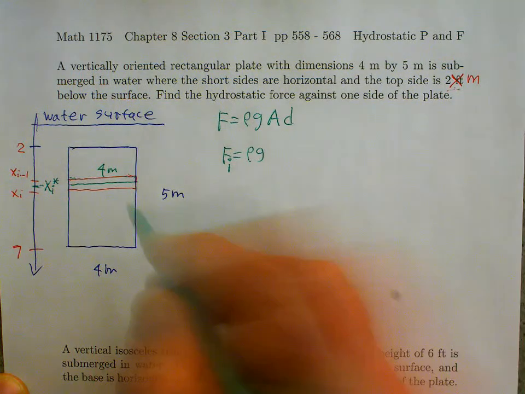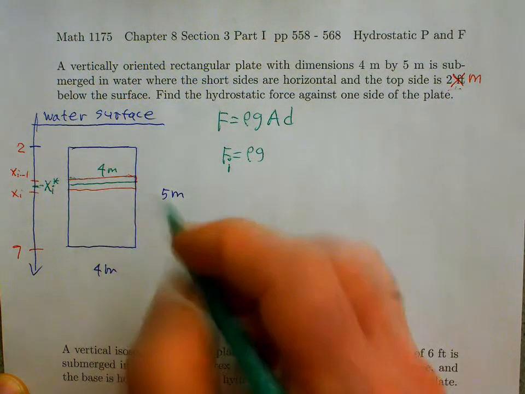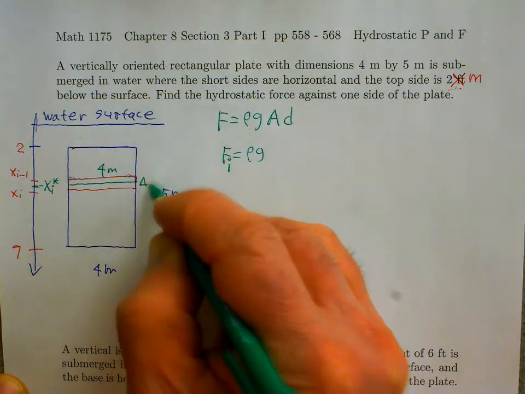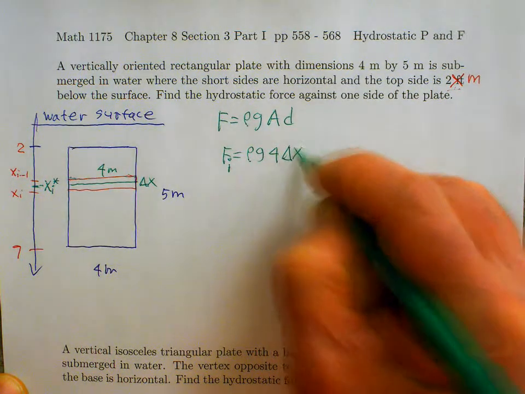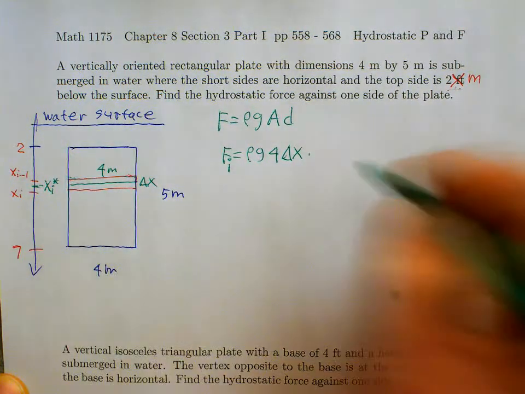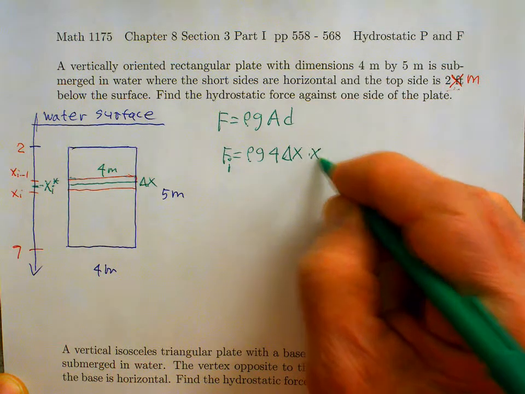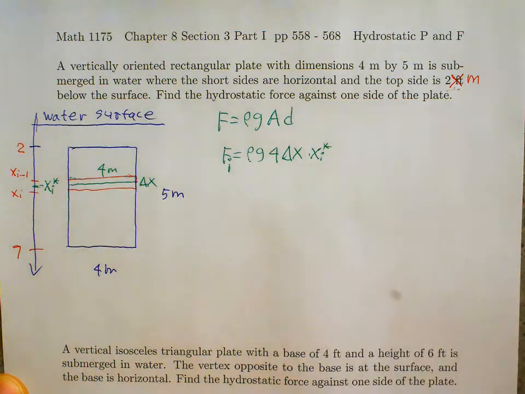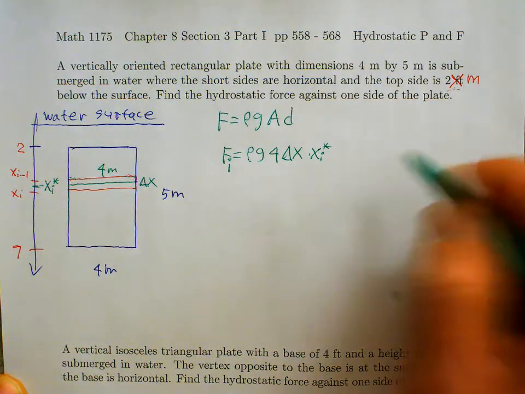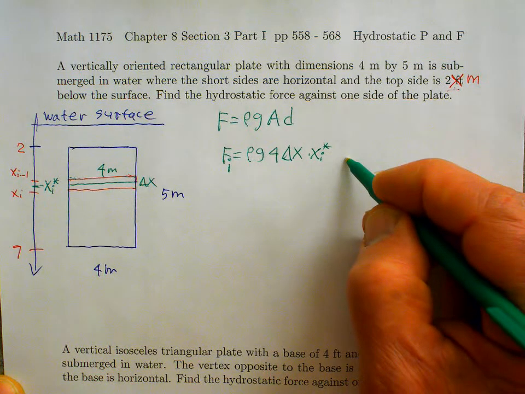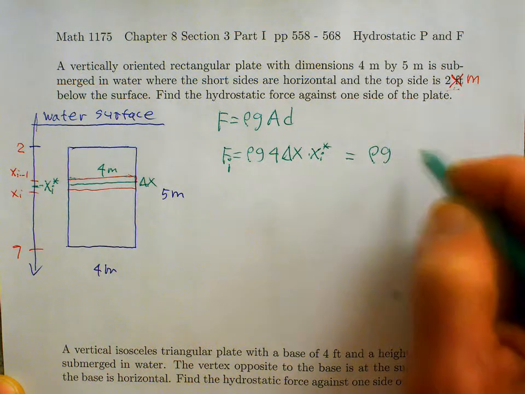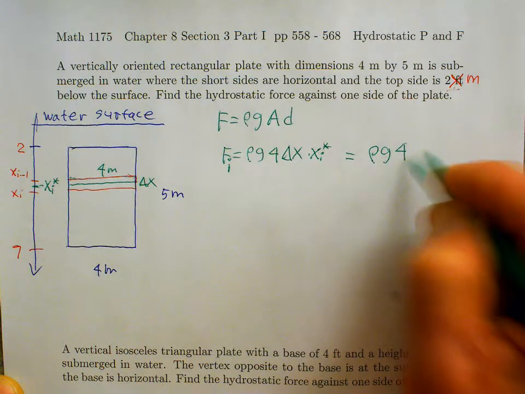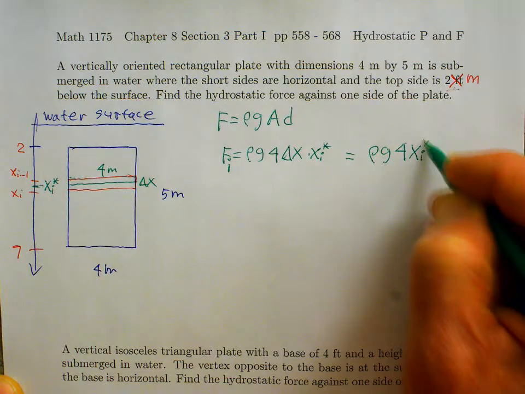So A sub i is just 4 times delta x, and the depth is x sub i star. So if we rearrange the terms a little bit, rho times g times 4 times x sub i star times delta x.